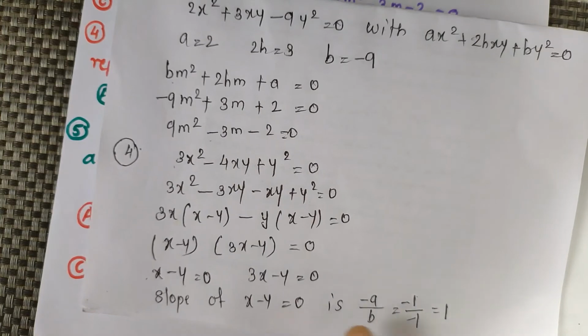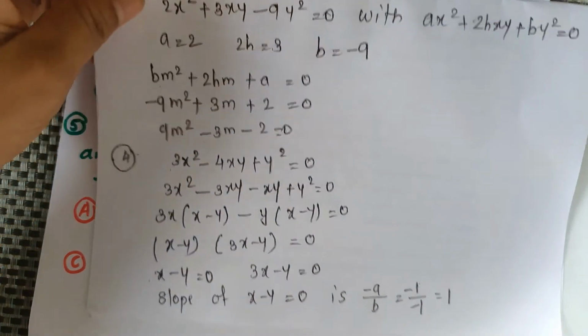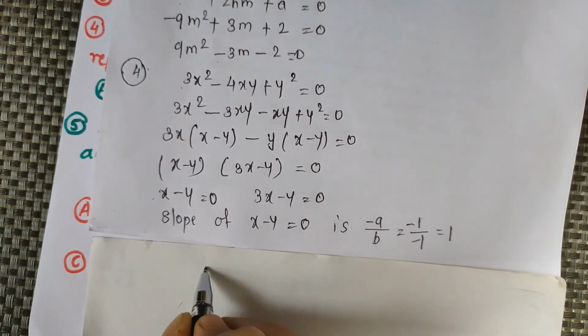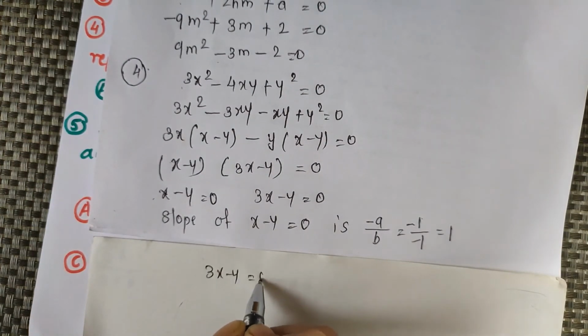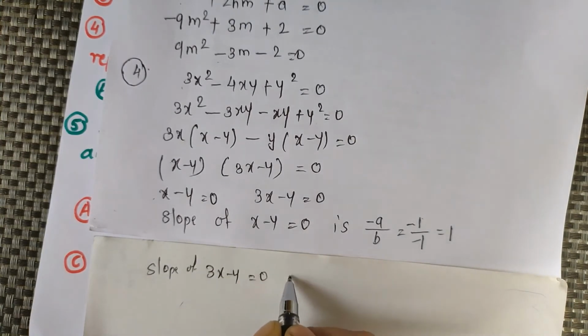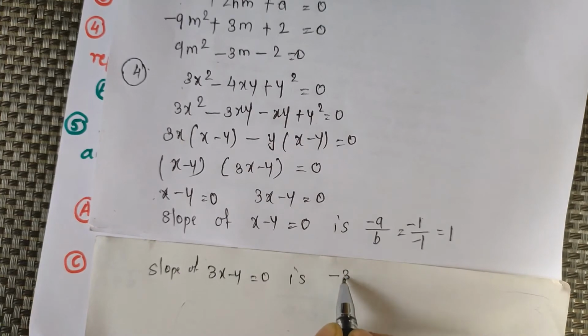Slope of x minus y is 1 and the slope of 3x minus y is equal to 0 is minus 3 upon minus 1, that is plus 3.